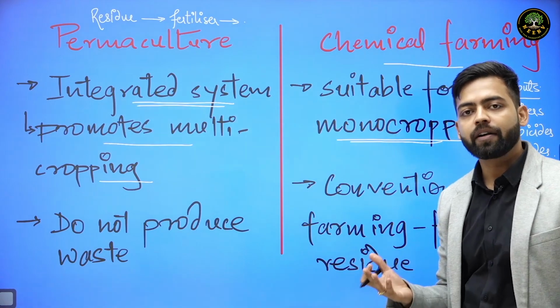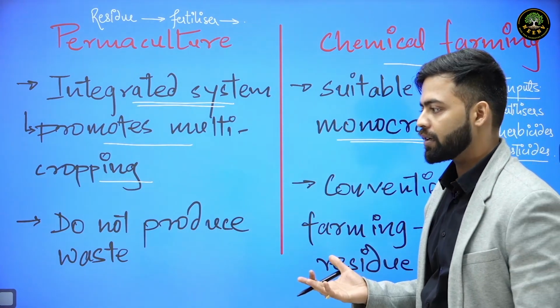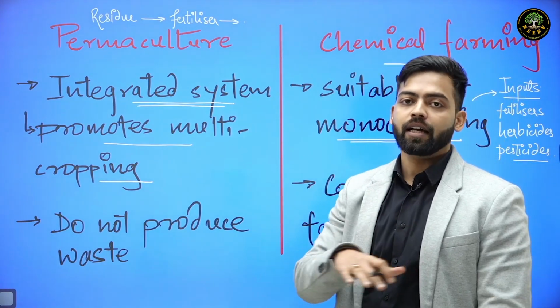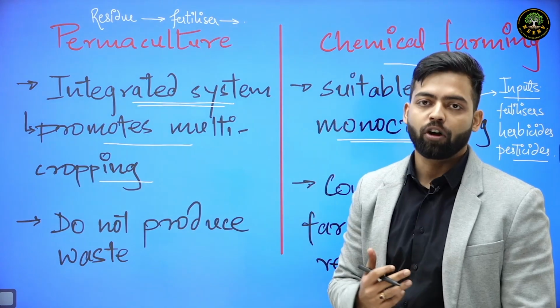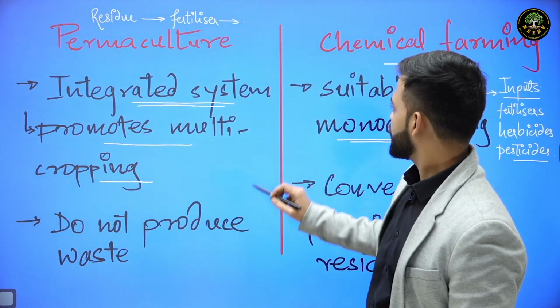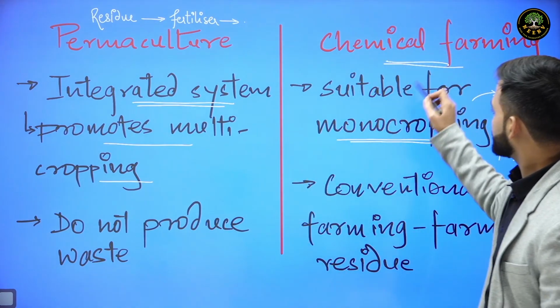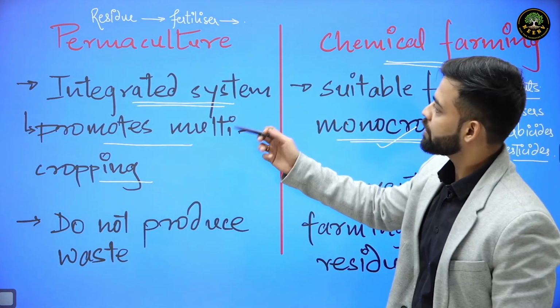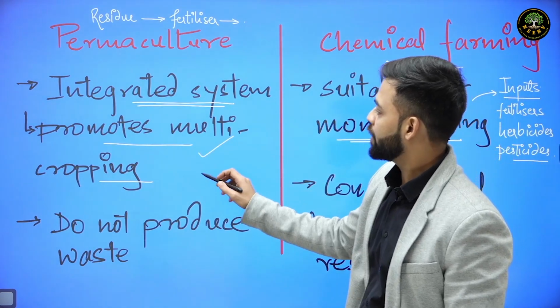We cannot provide one fertilizer or one herbicide that is suited for different crops at the same time. So that's why chemical farming is best suited for monocropping, whereas permaculture is best suited for multi-cropping.